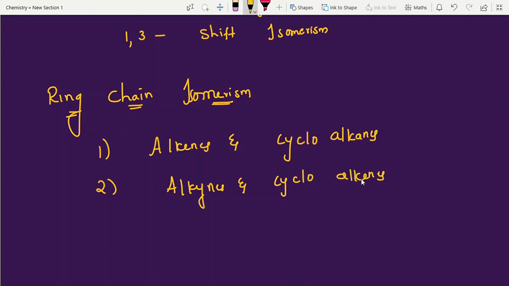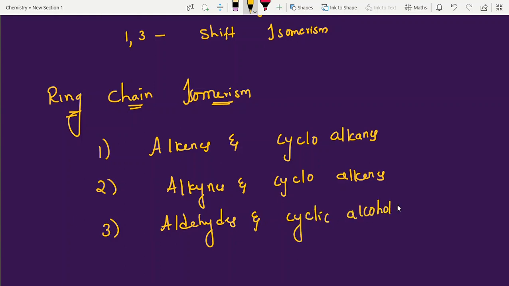Next, alkadiene and cycloalkene, aldehydes. This is one of the important ones. Aldehydes and cyclic alcohols. Next one, ketones and cyclic alcohols, and ketones and cyclic ethers. Different combinations are there, students.